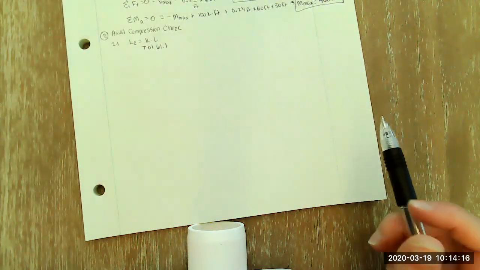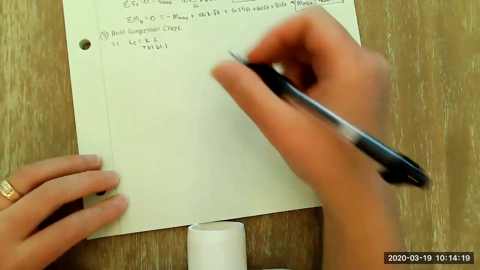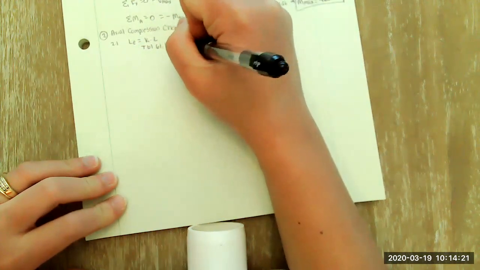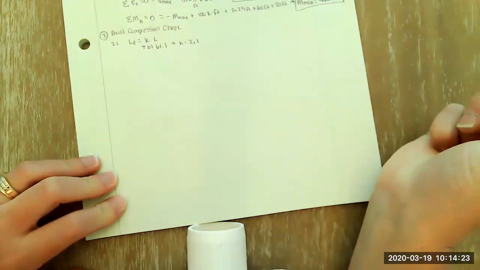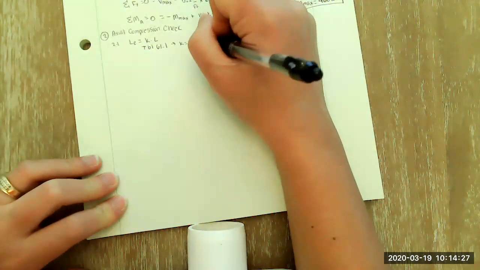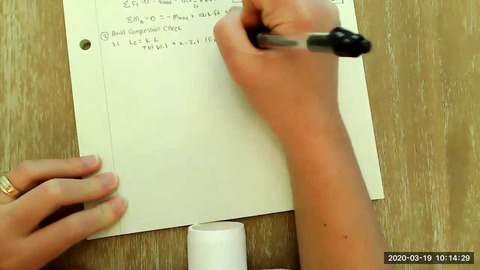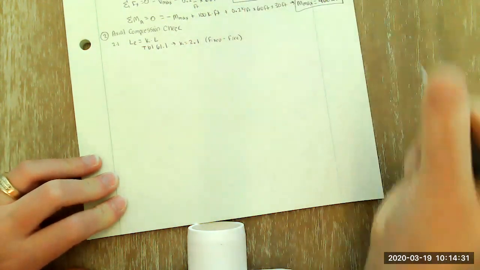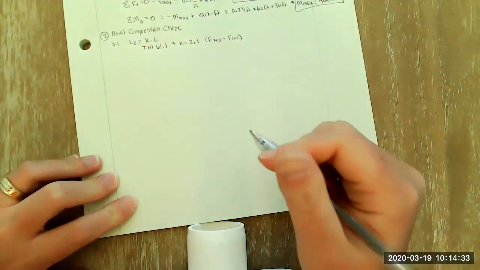From table 61.1, or the table on top of that, K is equal to 2.1, because it's a fixed connected to a free. Those are my end conditions.